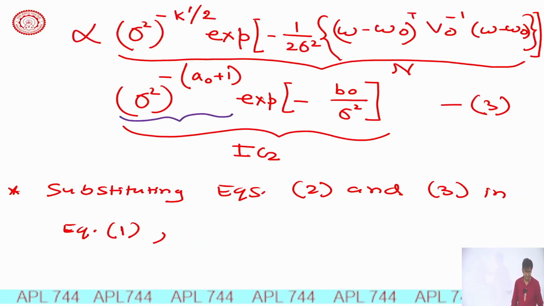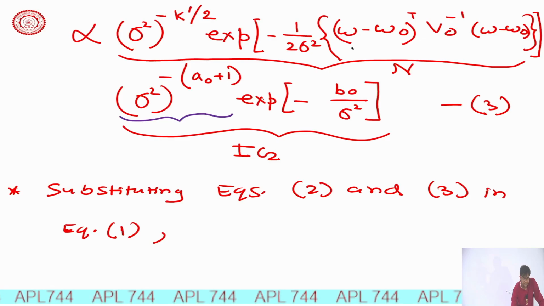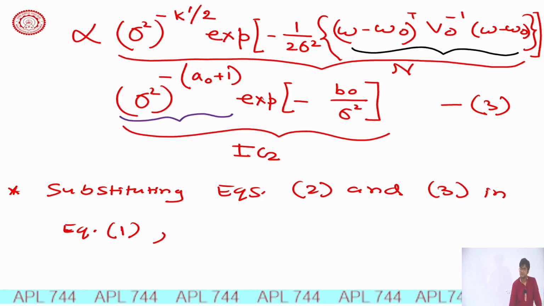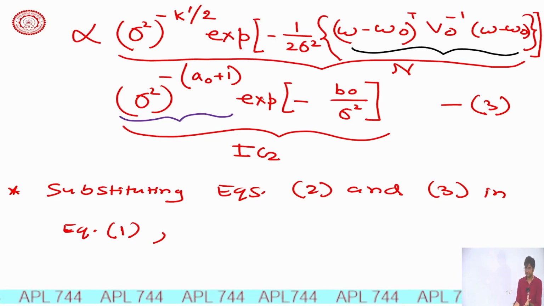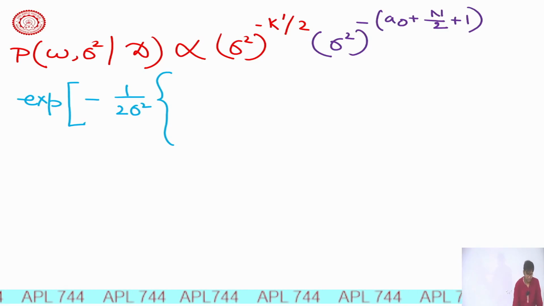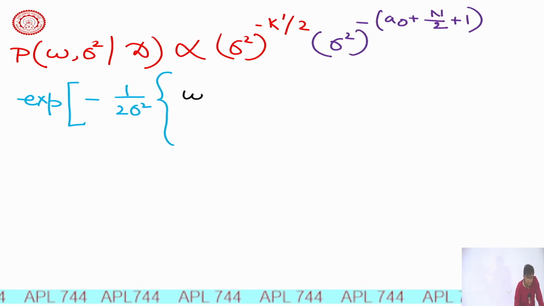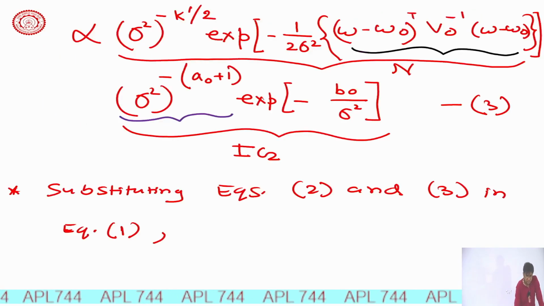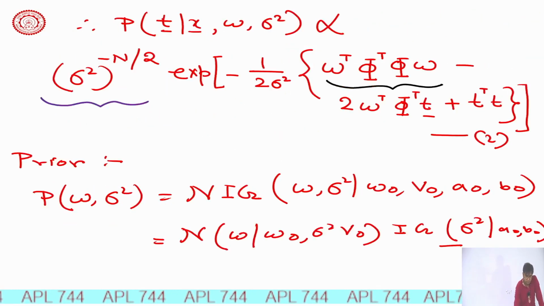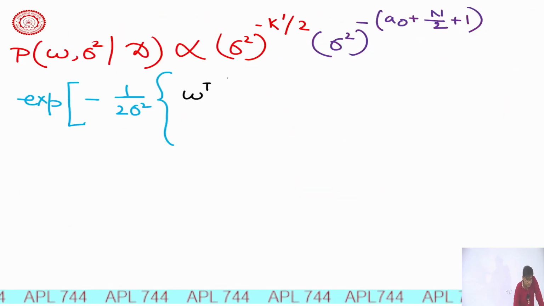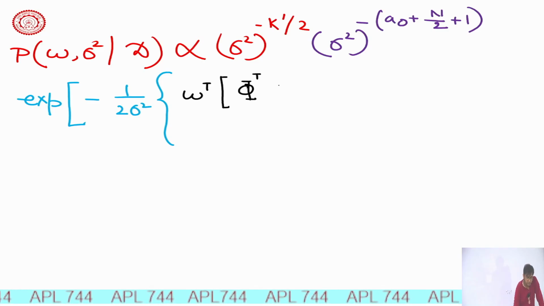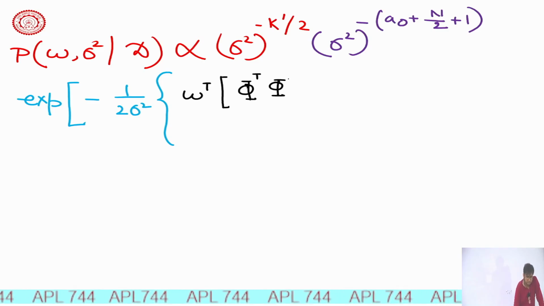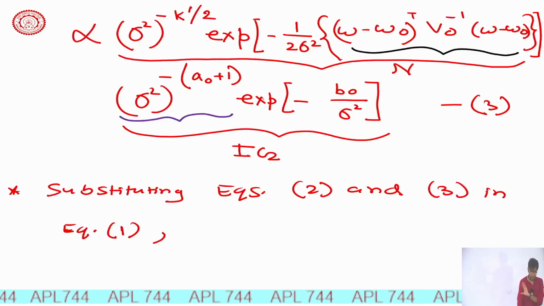Along with that, I will get a quadratic term by opening up this bracket, right? These two terms we are going to write first. So what will it be like? The first term is W transpose phi transpose phi. So phi transpose phi. Okay. W I will write later.